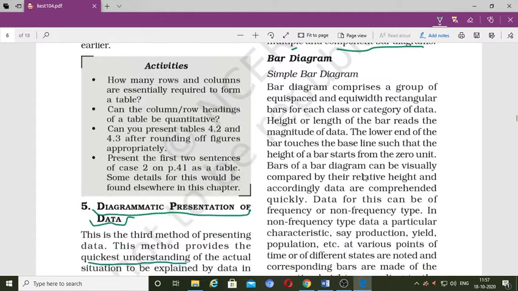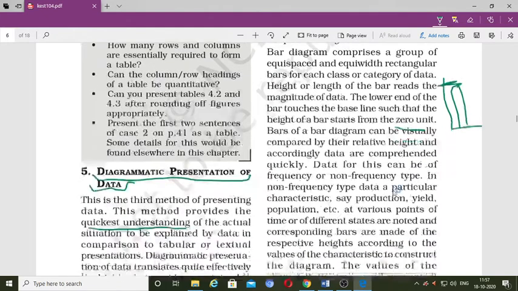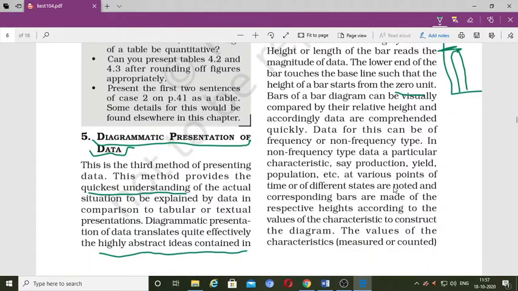The lower end of the bar touches the baseline, and the height of the bar starts from zero. In this way, the lower end starts from zero and the higher end may be anything. So the height of the bar shows the magnitude of the data, and by looking at the bar diagram, you can easily comprehend the data.